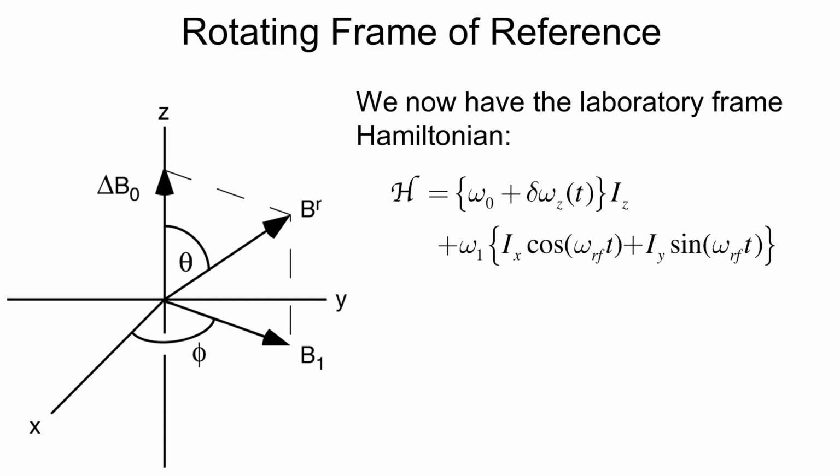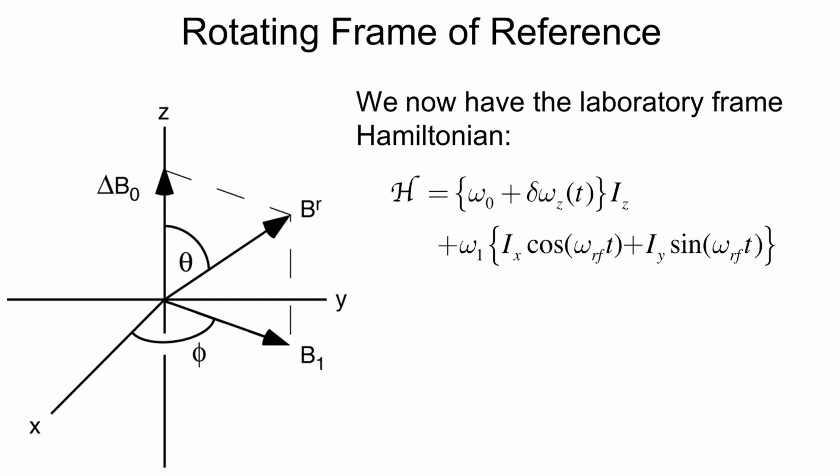So our laboratory frame Hamiltonian now has the Larmor frequency, fluctuations along the Z field. We're only going to talk right now about adiabatic fluctuations again. But now we have the circularly polarized B1 field with an amplitude omega 1 and frequency omega RF.